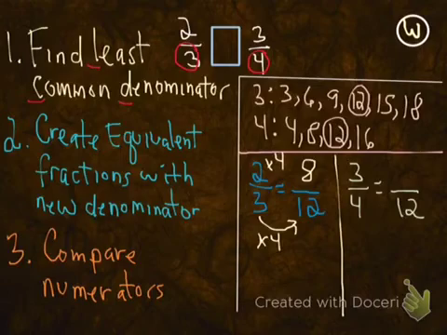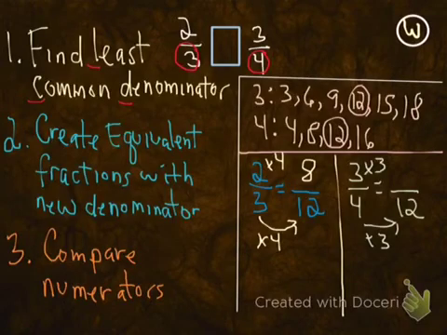So we apply the do-do rule again. From 4 to 12, it's increasing, so that means it's multiplying. 3 4s make 12, so that's times 3. The do-do rule means let's do the same thing to the top. So 4 times 3 down to the bottom is 12, and the 3 in the numerator times 3 gets us 9. So we can say that 3/4 is equivalent to 9/12.